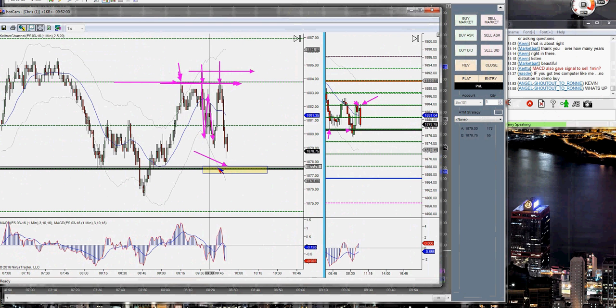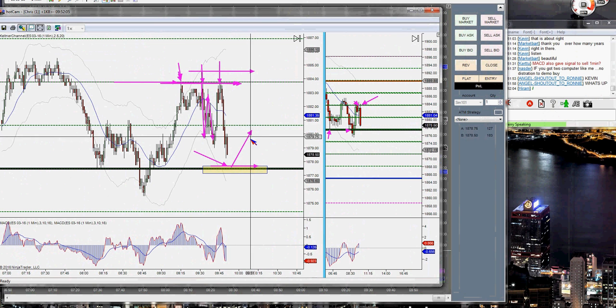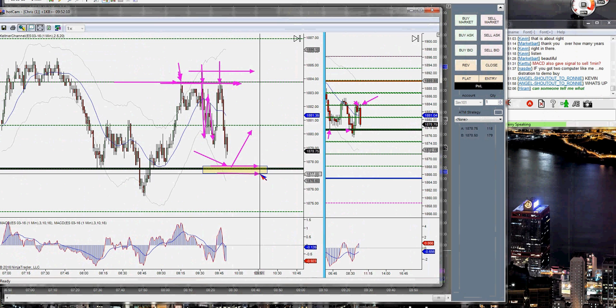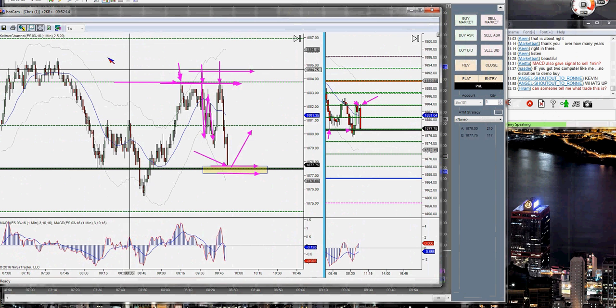Right here would be an area to put a limit to exit, because possibly you can get a bounce right back up from here. So anywhere in this area, that's where you would look to get out and look for a bounce back up.